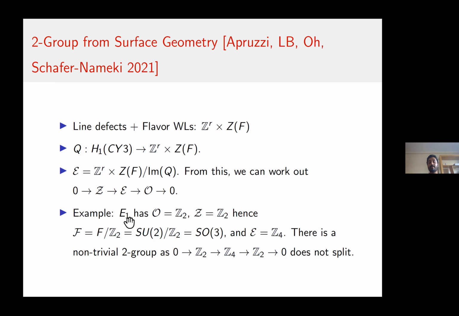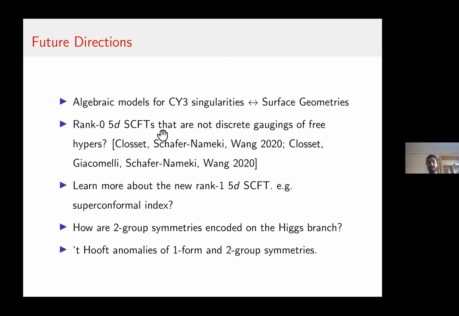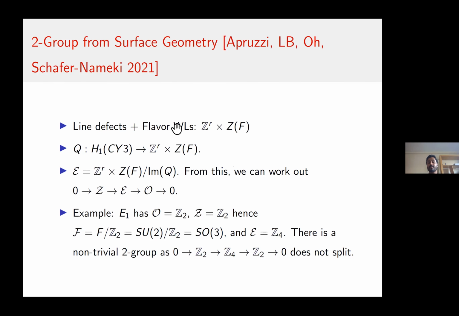So an example is provided by the simple even theory. As we discussed earlier, it has a Z2 1-form symmetry. The Z participating in the short exact sequence is Z2 because the global form of the flavor symmetry group was SO(3), which is SU(2) mod Z2. So this Z2 appears over here. And if you compute these equivalence classes of line defects plus flavor Wilson lines modulo the screenings, the question is: is it Z2 times Z2 or Z4?